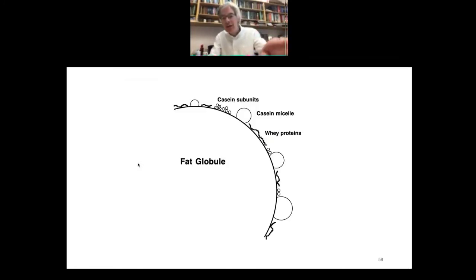So you see schematically, you've got these fat globules with casein micelles, non-micellar casein and whey proteins, and some of the original fat globule membrane material that is now stabilizing the fat globule.